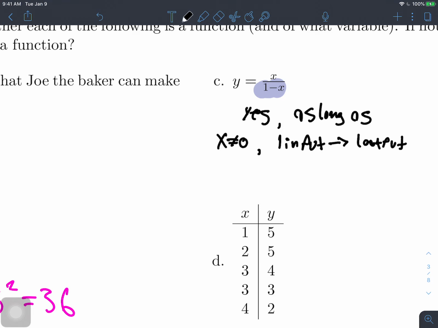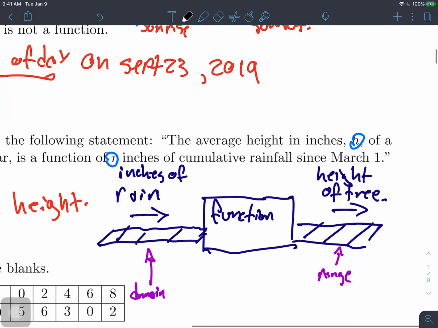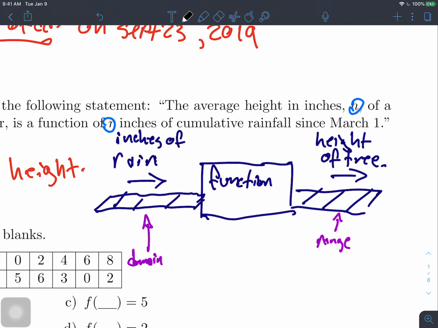What Yasmin is really describing, with this denominator possibly being equal to 0, has to do with the domain of our function. Remember, we said that on our conveyor belt, there are some things that we can put in the left side, and some things that will come out the right side. The domain and the range.